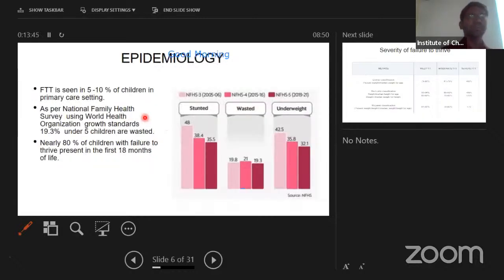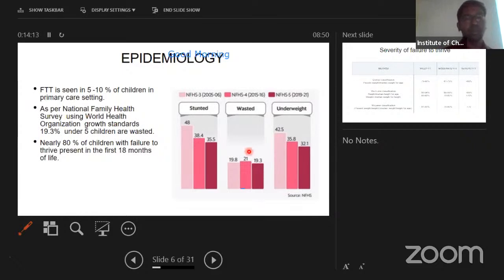The epidemiology. Around 5 to 10% of the children in the primary care setting suffer from failure to thrive. As per the National Family Health Survey, using the WHO growth standard, around 19.3% of children under 5 are suffering from failure to thrive.